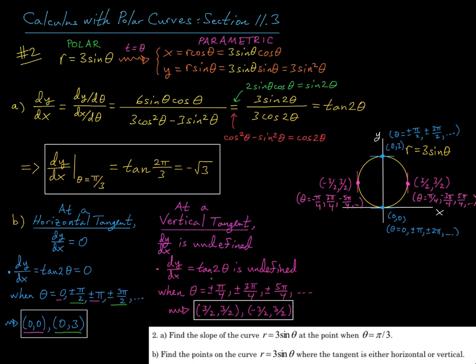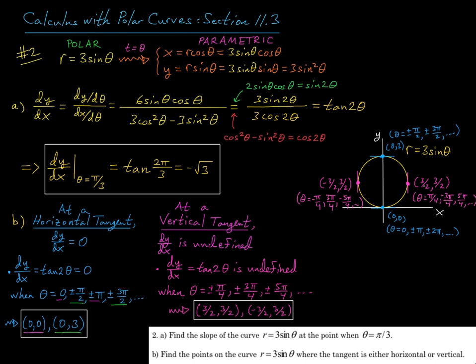So if the tangent is undefined at any odd multiple of pi over 2, then the tangent of 2 theta will be undefined at any odd multiple of pi over 4. So plus or minus pi over 4, plus or minus 3 pi over 4, and so on. And if you plug these angles in, you get these 2 points.